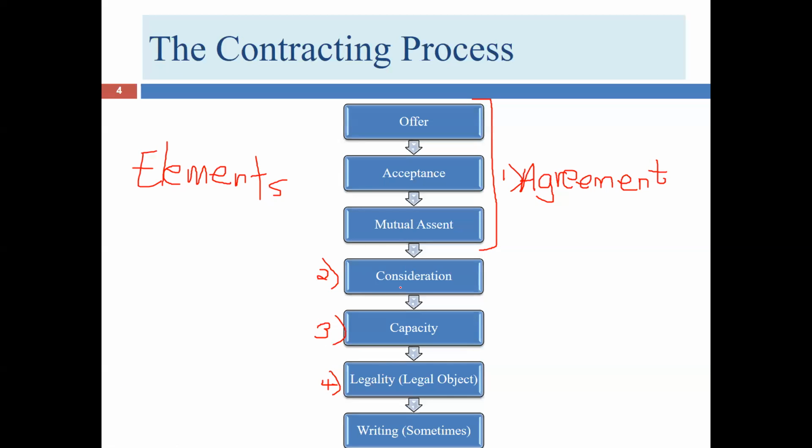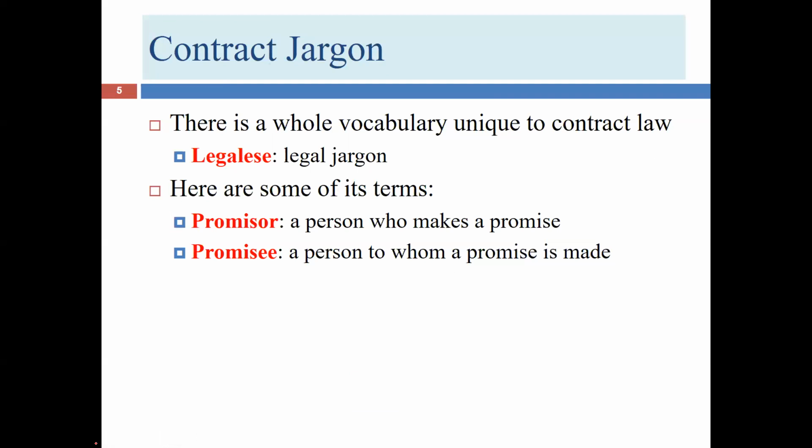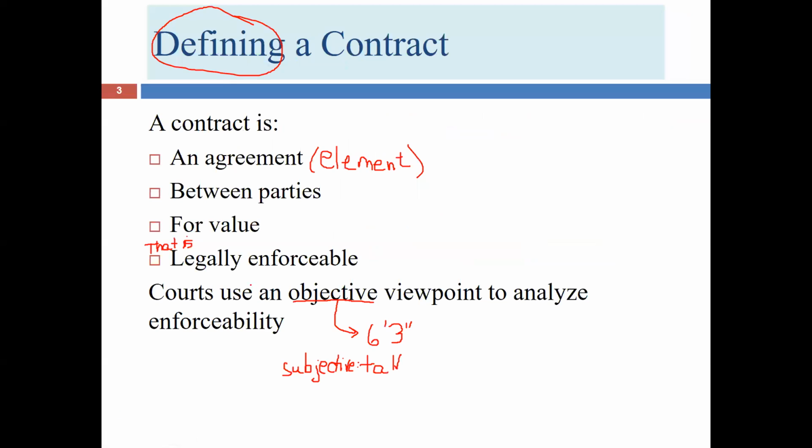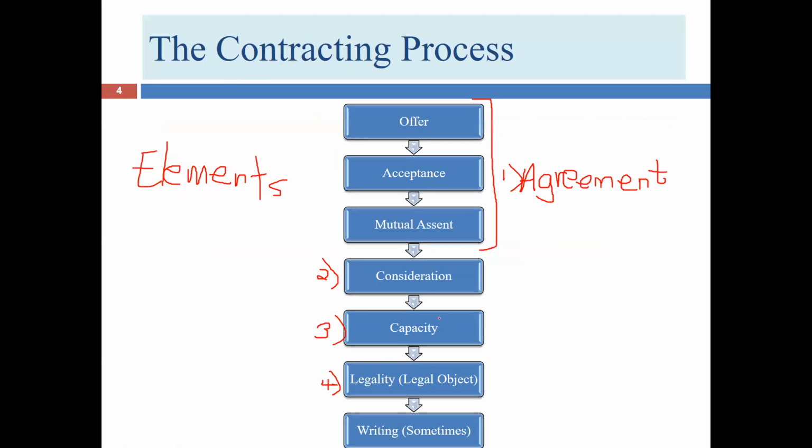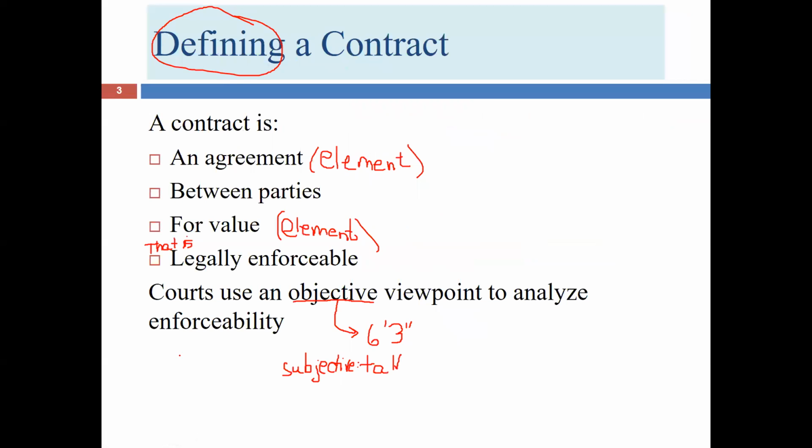Our next element is consideration. And that exists right here. This is consideration. This is an element. We'll talk more about this in a second. And we have capacity. Now, capacity is not directly reflected here.